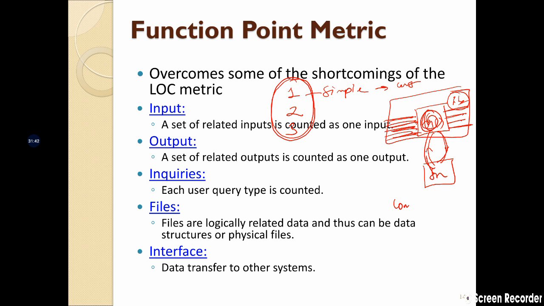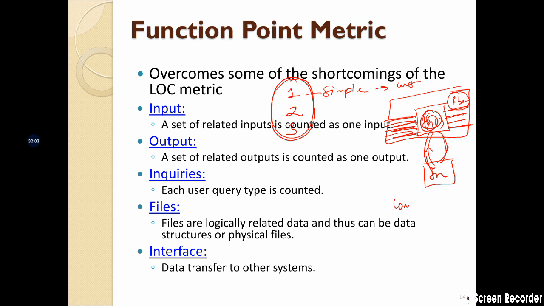But if your interface is exchanging 10 data, 15 data, or it is exchanging objects, then you can associate a higher complexity and more effort. And accordingly, once you get your efforts, you can calculate the cost.